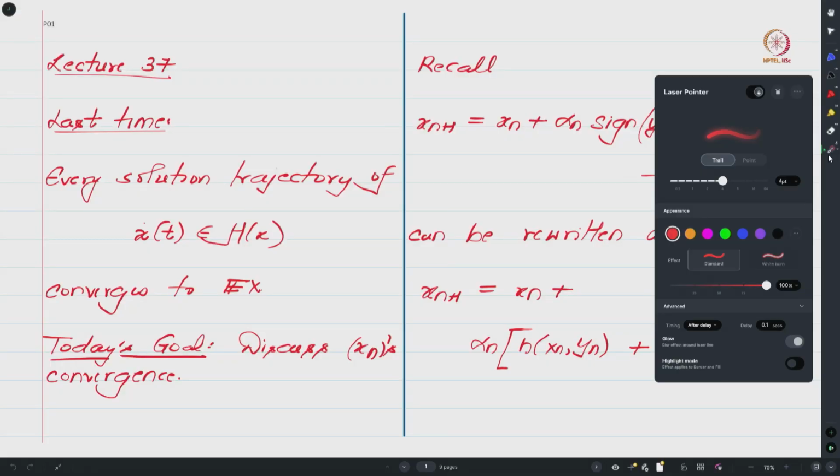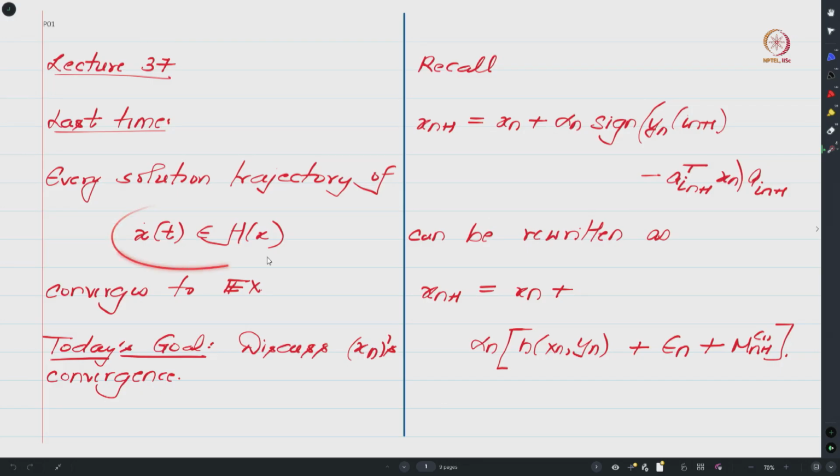So let us discuss things in detail. This was the limiting differential inclusion that we looked at, and we showed that every solution trajectory of this limiting differential inclusion converges to expected value of x. Our goal right now is to extend this discussion to the convergence of the stochastic recursive inclusion algorithm itself.